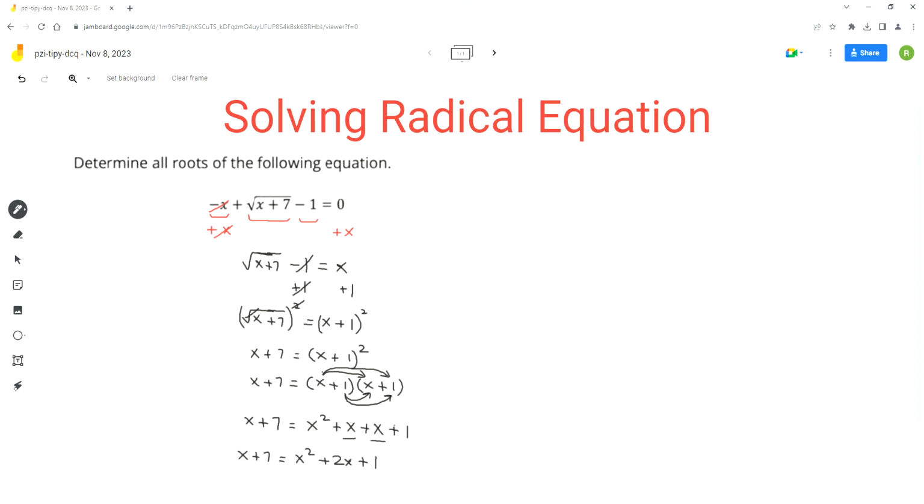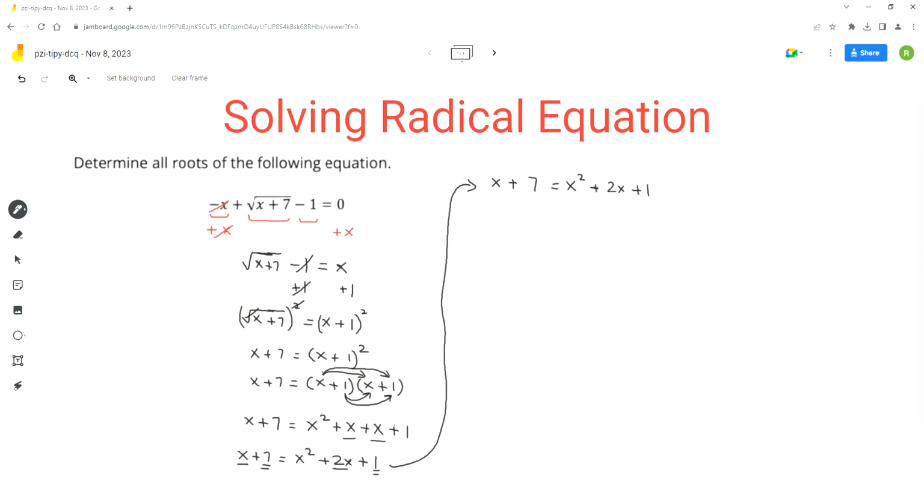So we know that x and 2x are like terms, 7 and 1 are like terms, so we have to gather them. So we can continue on this side. So I'll write the equation first. So x plus 7 equals x squared plus 2x plus 1.